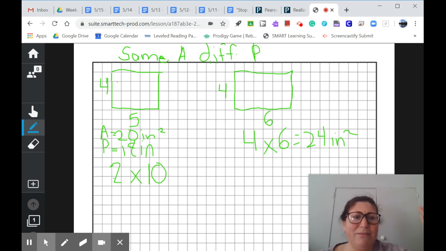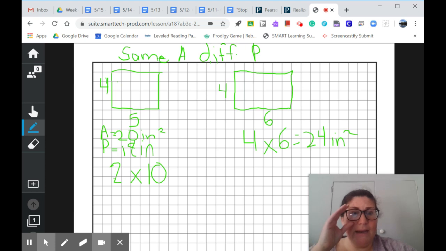You can use any of the fact charts that you've used in school. If the facts aren't coming as quickly, because we're really focusing right now on the concept of area and perimeter, you can use a calculator to check it, so it goes a little bit more quickly.